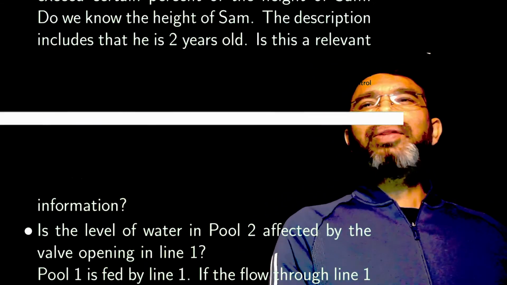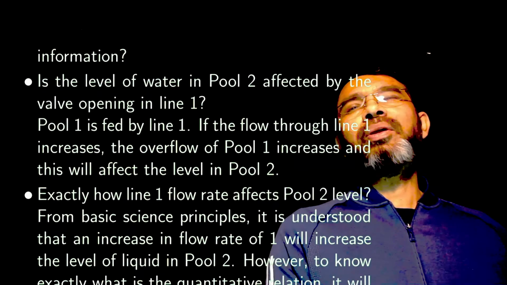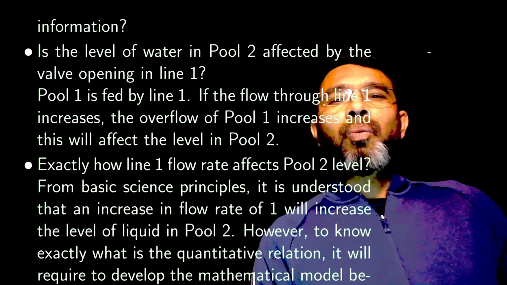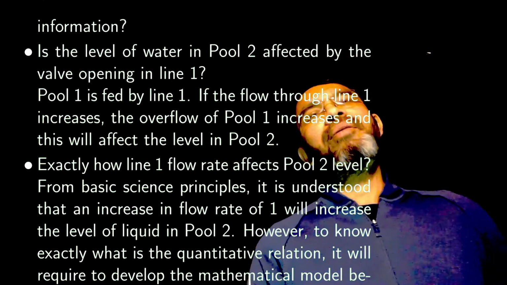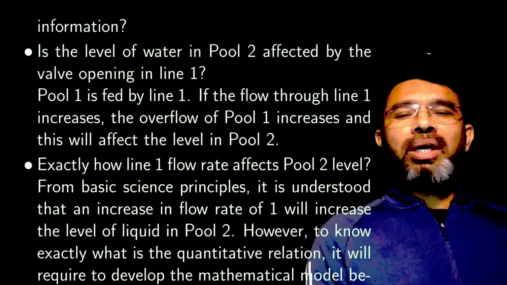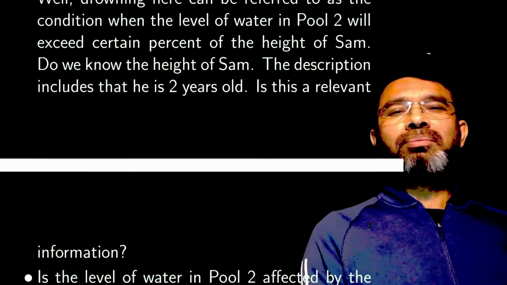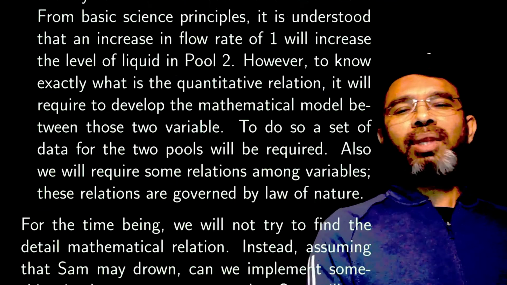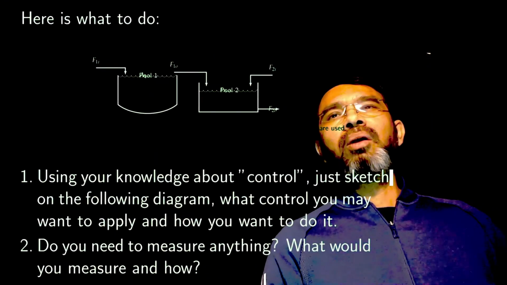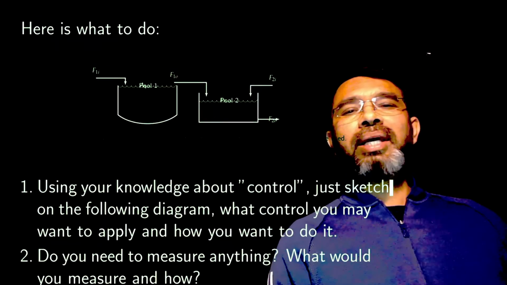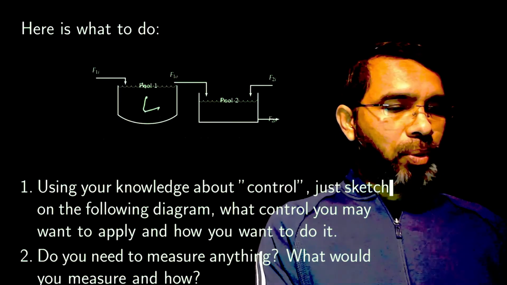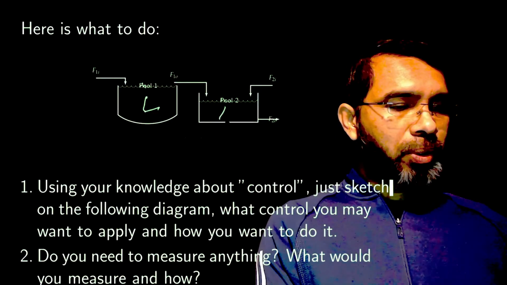So in terms of process control, really, we need to get information which is relevant and also measurable. Now, next we want to think about the relation between the variables. How is the level of water in pool 2 affected by the flow in pipe 1? Now, if we go back to the problem, there is a specific diagram we discussed earlier: there is a pool here, this is pool 1, and there is a pool 2, this is pool 2.